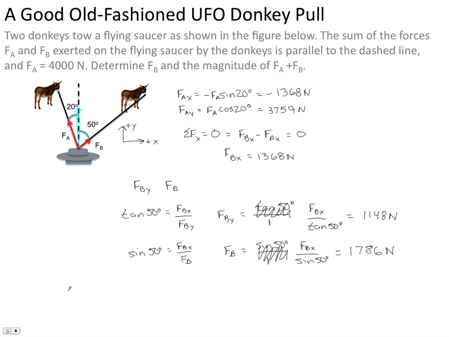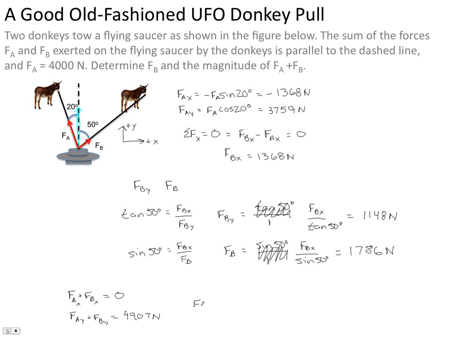The other thing we're asked to find is the sum, Fa plus Fb. Well, we know that if we add the x components of these two vectors together, we get 0. If we add the y components together, we get 1,148 newtons plus 3,759 newtons equals 4,907 newtons.